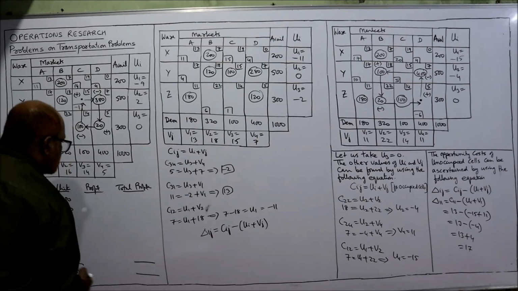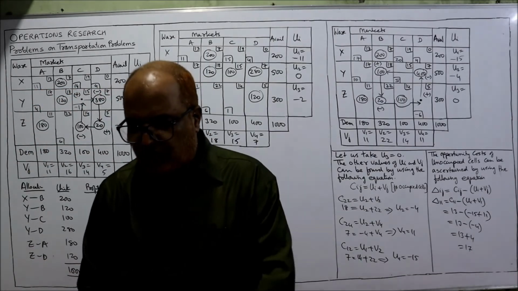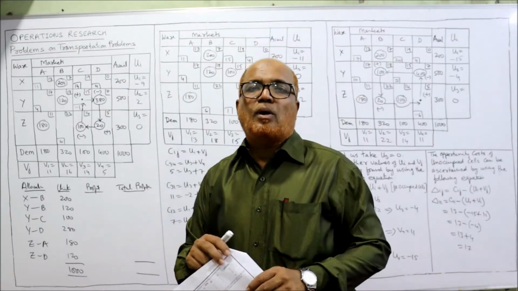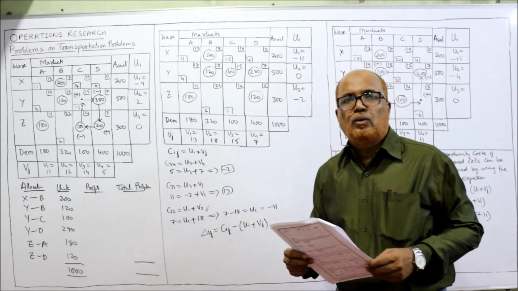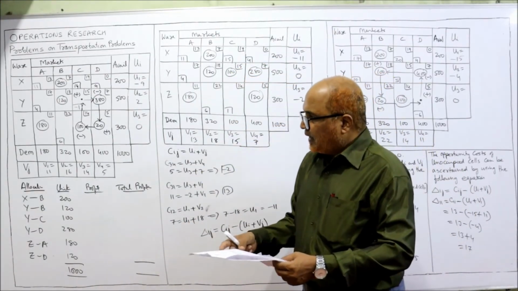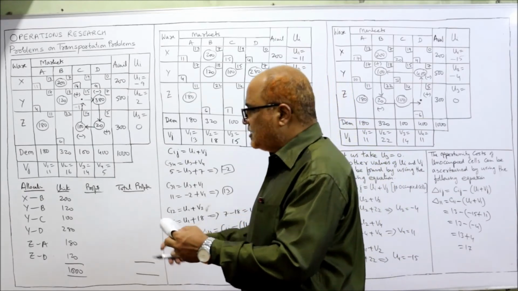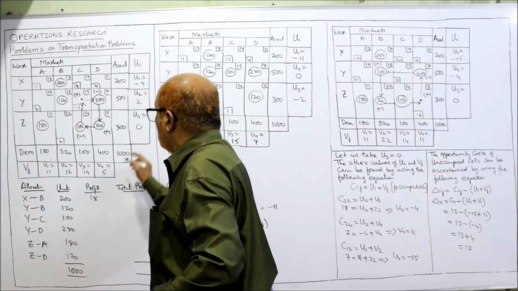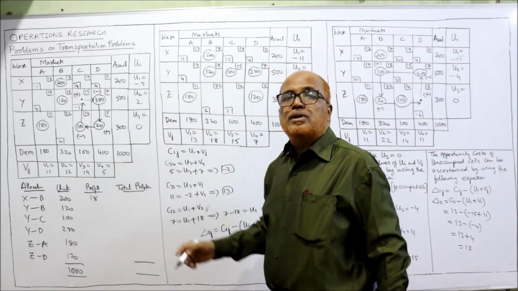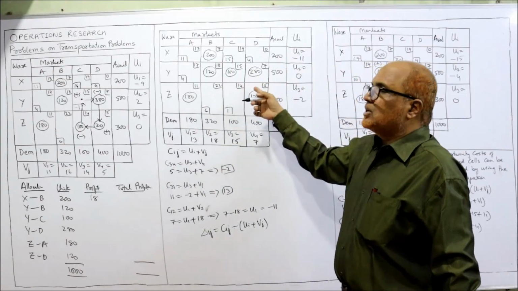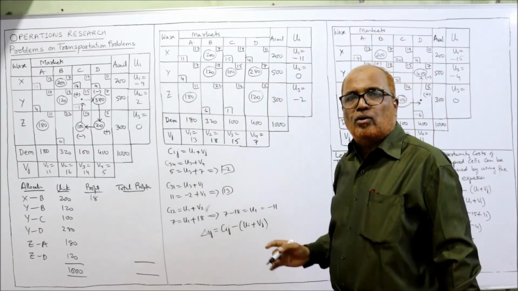Now how to find out the profit? We have to refer back to the original problem for getting the profit per unit. So X to B, the profit is 18 rupees. We should not take these; these are the opportunity costs. Simply to find out the allocations, we converted into opportunity cost.